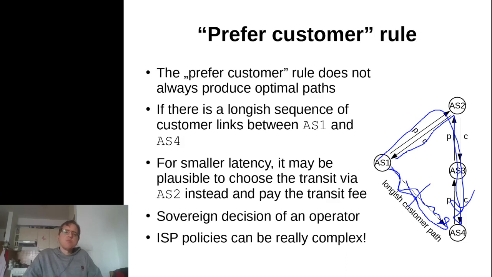The preferred customer rule and the valley-free routing rule are just giving us a mental model that describes a very good and economically very nicely validated model of what's going on out there in the internet, but the real rules can be infinitely more complex than that.